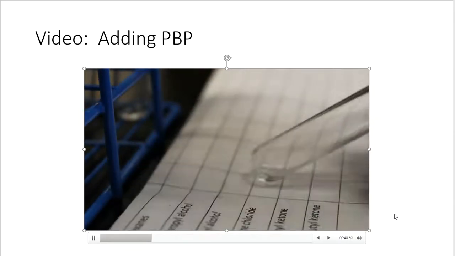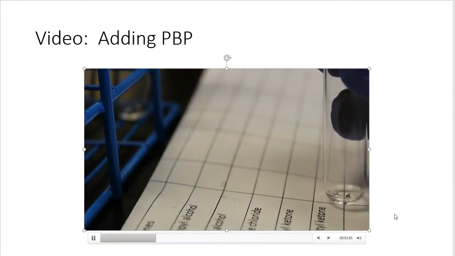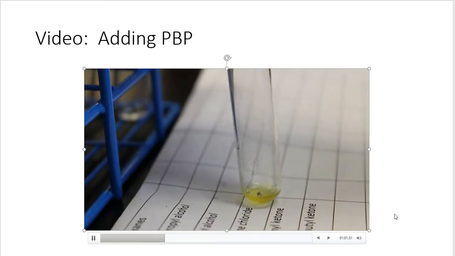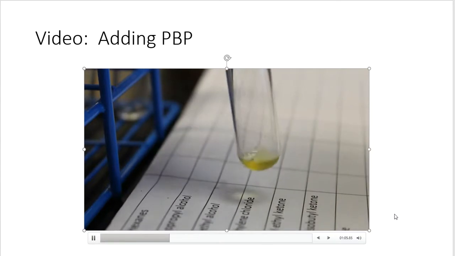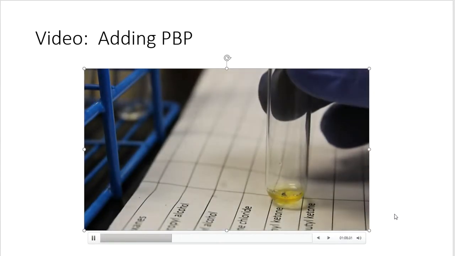All right, up next is cyclohexane with an ANE ending. 2 drops. 1, 2. And there you go. And then I'll add 10 more.